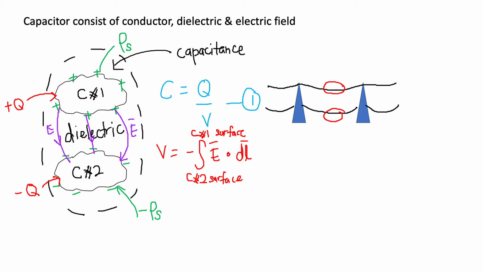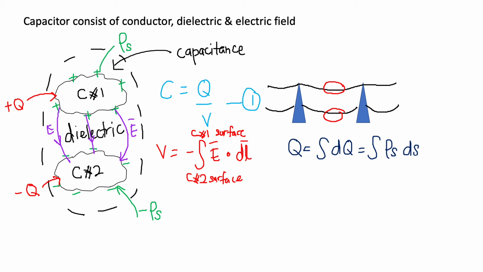To do that, we need to select our Q. We need to choose either this conductor or this conductor. In my case, I'm going to choose this one. So from here, I'm going to write the equation of Q. This one is equal to the integration of dq, equal to the integration of rho S dS.